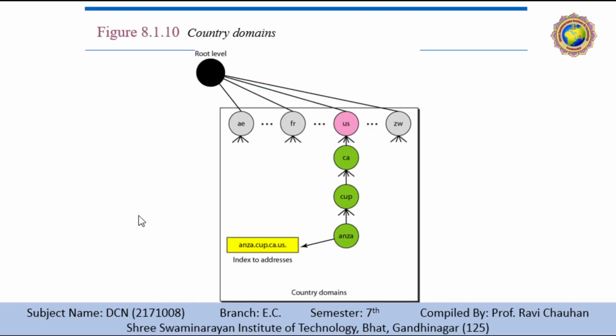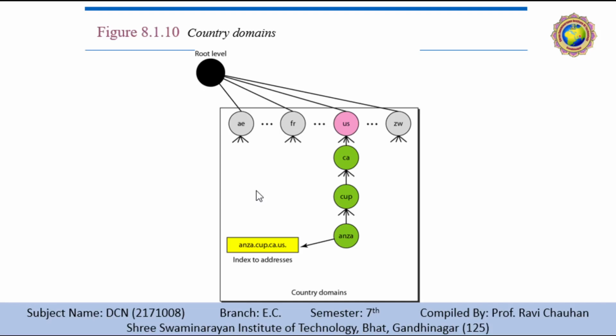So what are the country domains? The country domain section uses two-character country abbreviations: US for the United States, IN for India. A second label can be organizational, or it can be a more specific national organization or national designation.